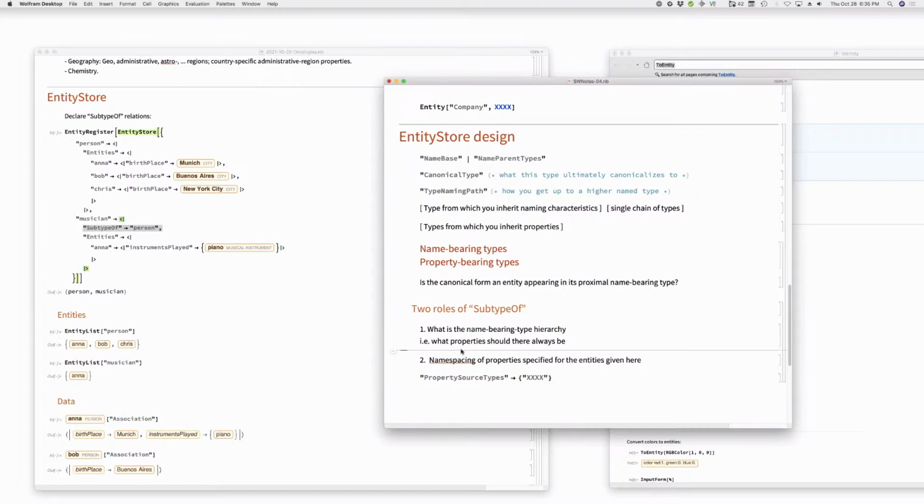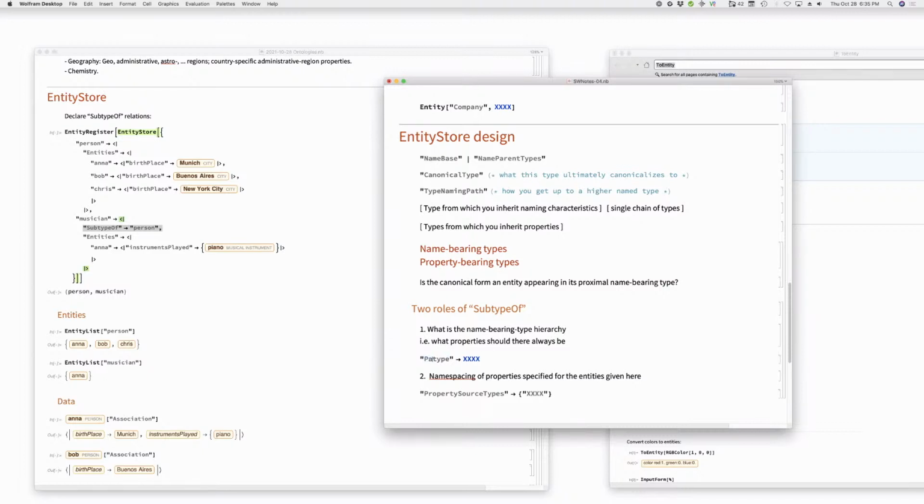Okay, now here in the name-bearing hierarchy, this is much closer to subtype of, because it does have to be hierarchical. It could even be just called supertype. Or parent type.